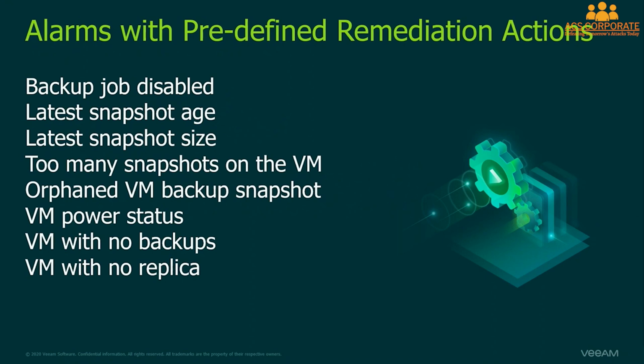So I definitely think that's my favorite out of all of them. The orphan VM backup snapshot one, just being able to automatically remove snapshots that are sticking around, is also one of my favorites. That one's good too. So there's a lot, they're all very handy.